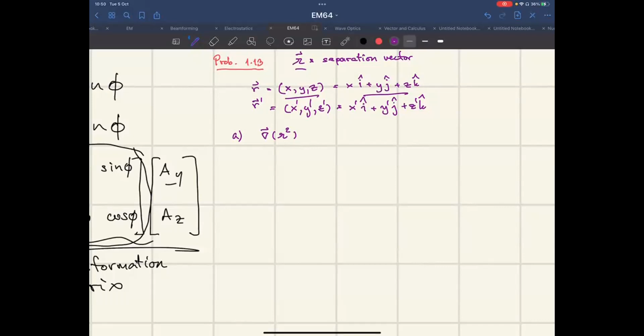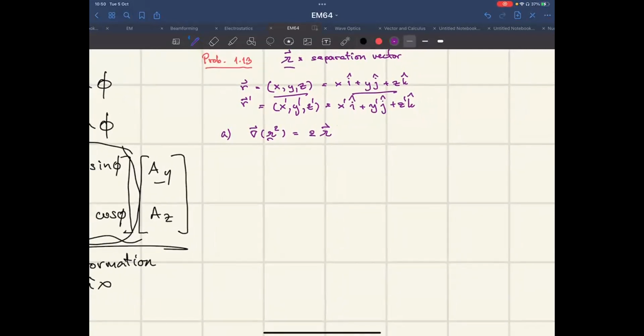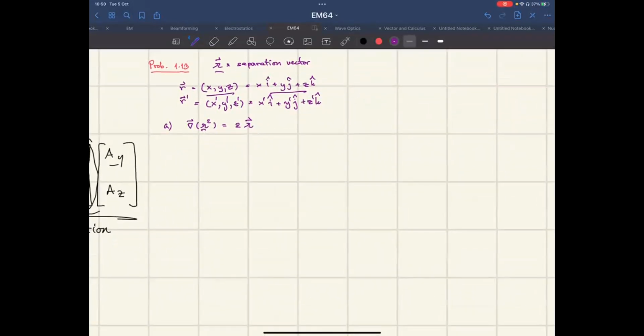So this has to be some value, and the problem wants us to prove that the gradient of R square is equal to 2R, 2 times the separation vector. So before we do that, we need to know that R is equal to x minus x prime I, right, plus y minus y prime j, plus z minus z prime k.